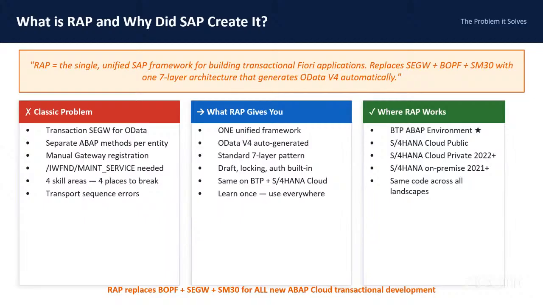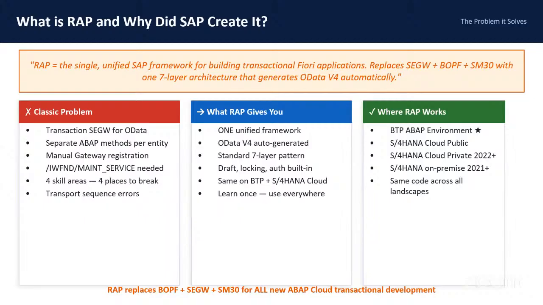In this one layer, we have database table and CDS views plus behavior definition plus service binding. Everything comes into one application. This is the first advantage of using RAP.